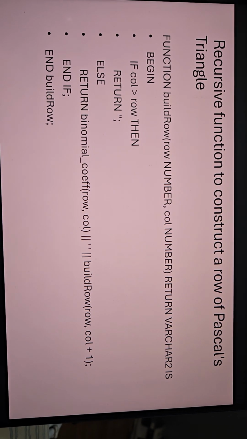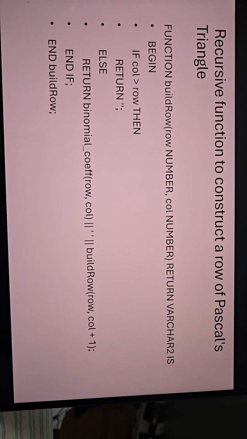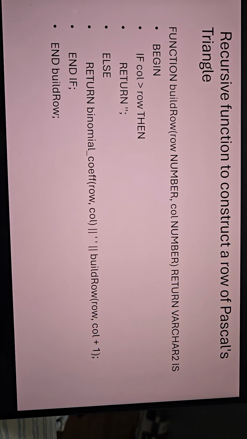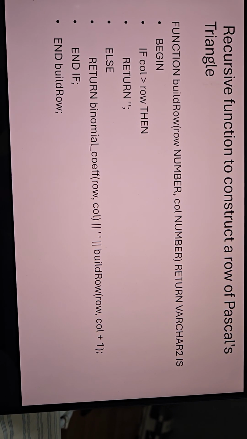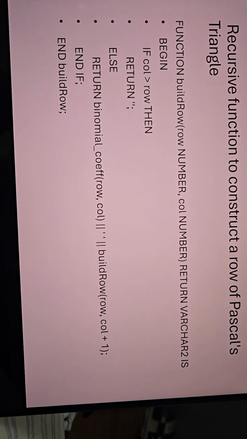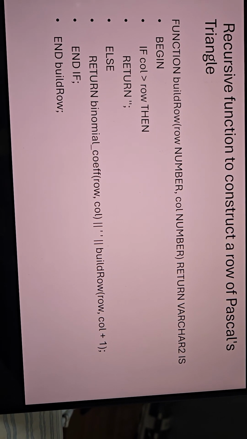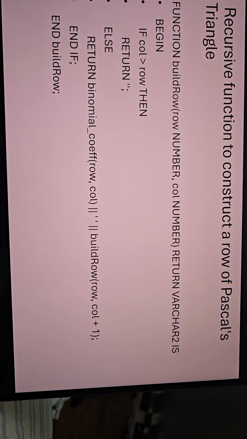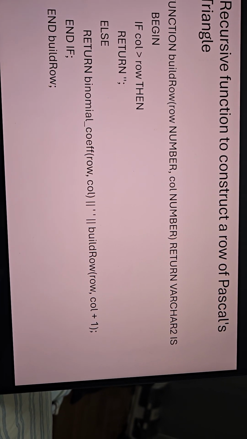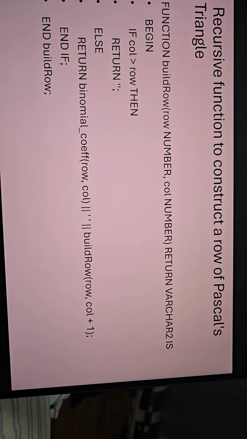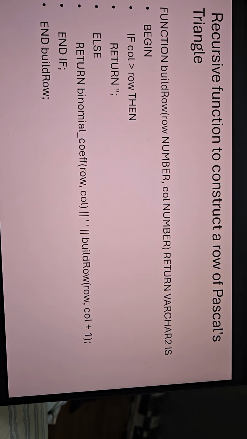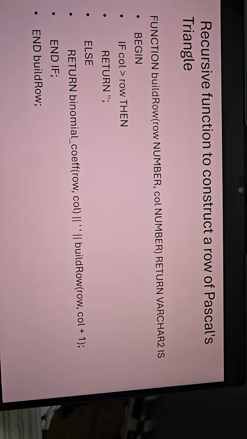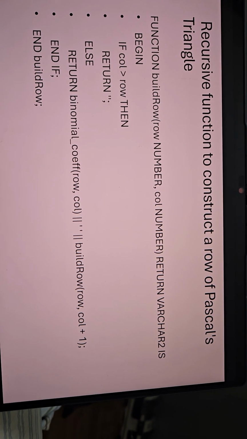So this is the build row function. Over here, the base case is if the column exceeds the row, that means it's not a triangle anymore, so it will just return. Or else it calls the binomial coefficient for the row and column, and then it calls build row for the row and column plus 1.